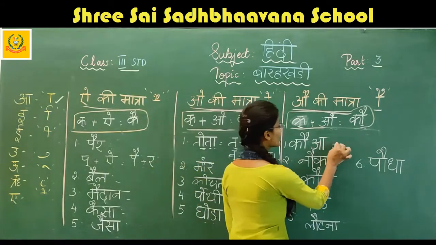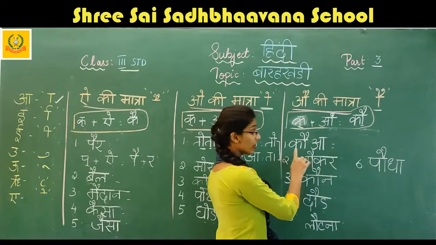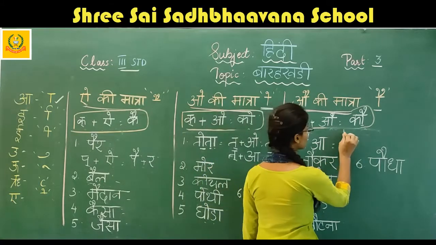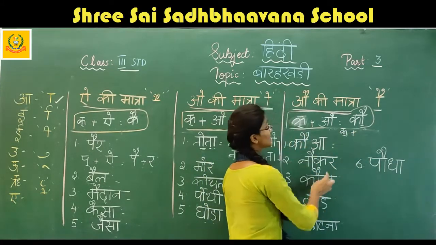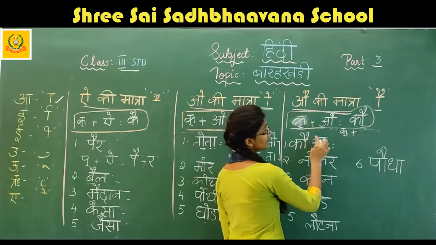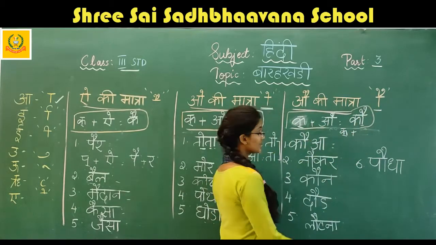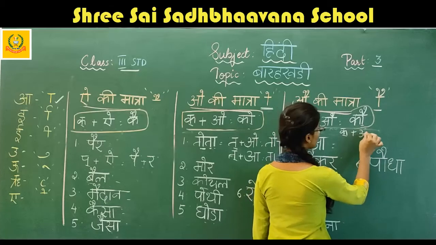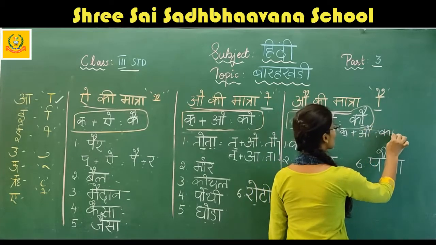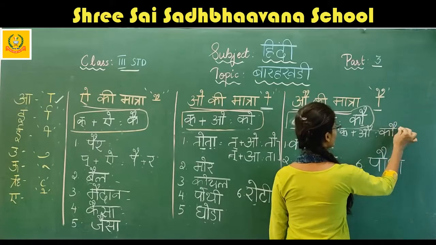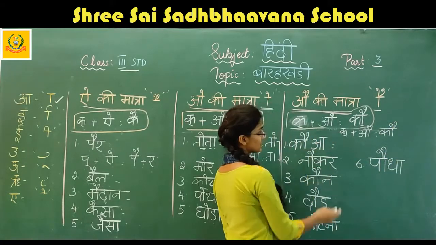So children, first one, as I told, I will expand and show for you all. First one, kawa. Ka is the first letter. Next, plus which matra is that? Au ki matra. See the symbol, is it same? Yes, au. Au ki matra gives you cow. Next, which is the letter?